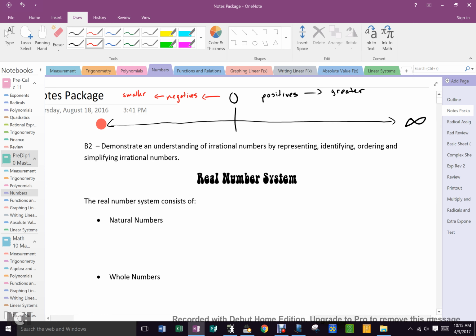What lives down here on the left? Negative infinity. Will you ever get there? No, you will not. Everybody cool? We all understand how the number line works, right? Thank goodness for the number line around the ceiling.